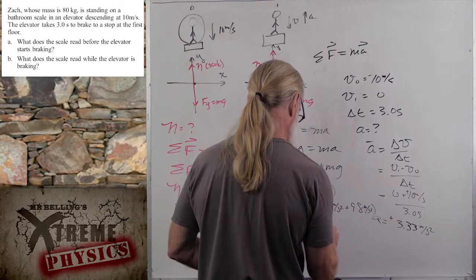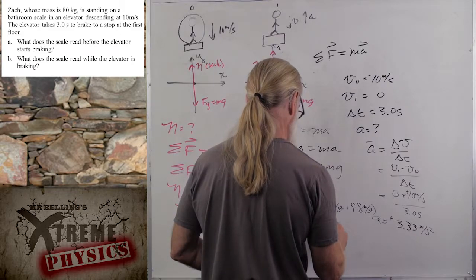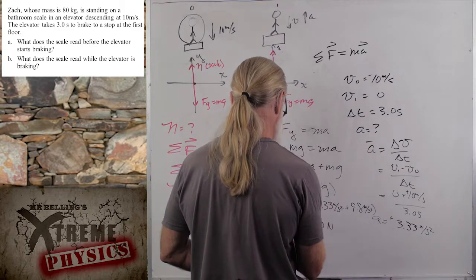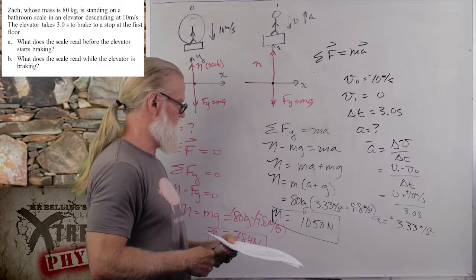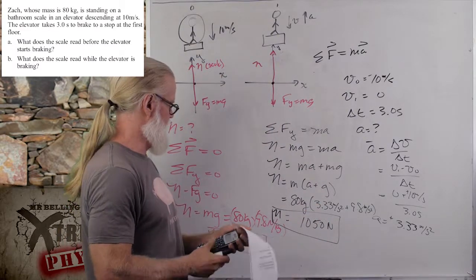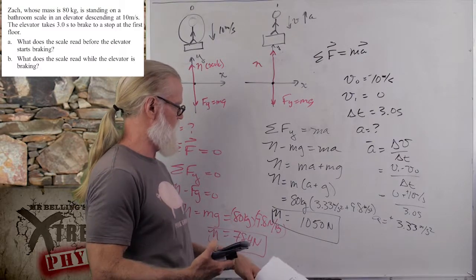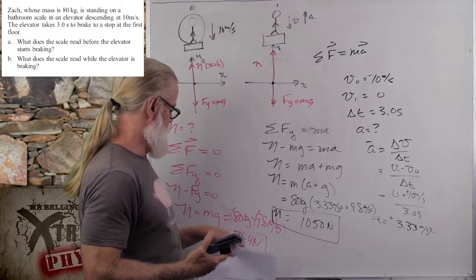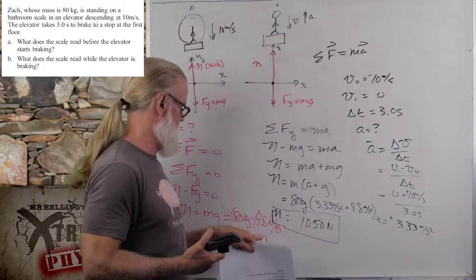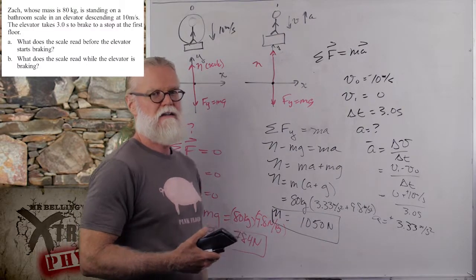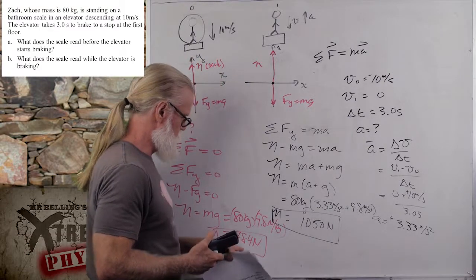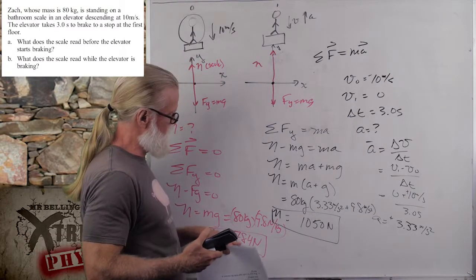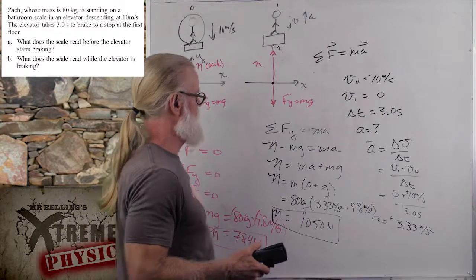We got 1050 newtons. So he feels heavier when he's braking, and I would expect that. That's what it feels like when you're braking in an elevator. And it's not ridiculously heavier, though. It's not enough to break his legs or anything like that. Because he's holding up 784, and now it's 1050.